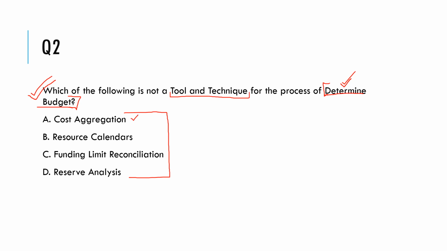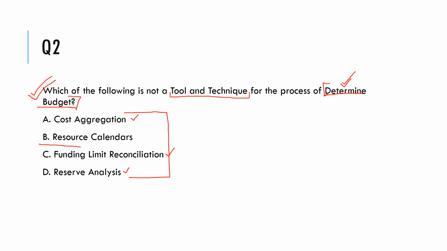Cost aggregation, of course, it is a tool and technique that you need to add up all the cost. Funding limit reconciliation, of course, it is a tool and technique so that you know where to stop. Reserve analysis, of course, it is a tool and technique so that you know what should be your different reserves, the management reserves and contingency reserve.